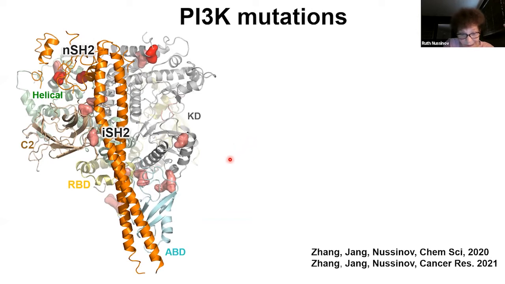And what we were looking to see is that if we are right in our mechanism of activation of the PI3K, then the mechanism of the activation by the oncogenic mutations should be similar, because it's our inherent thesis that the activation mechanisms of mutations mimic the native activation mechanisms going from the inactive to the active state, except that under physiological conditions, it's regulated.